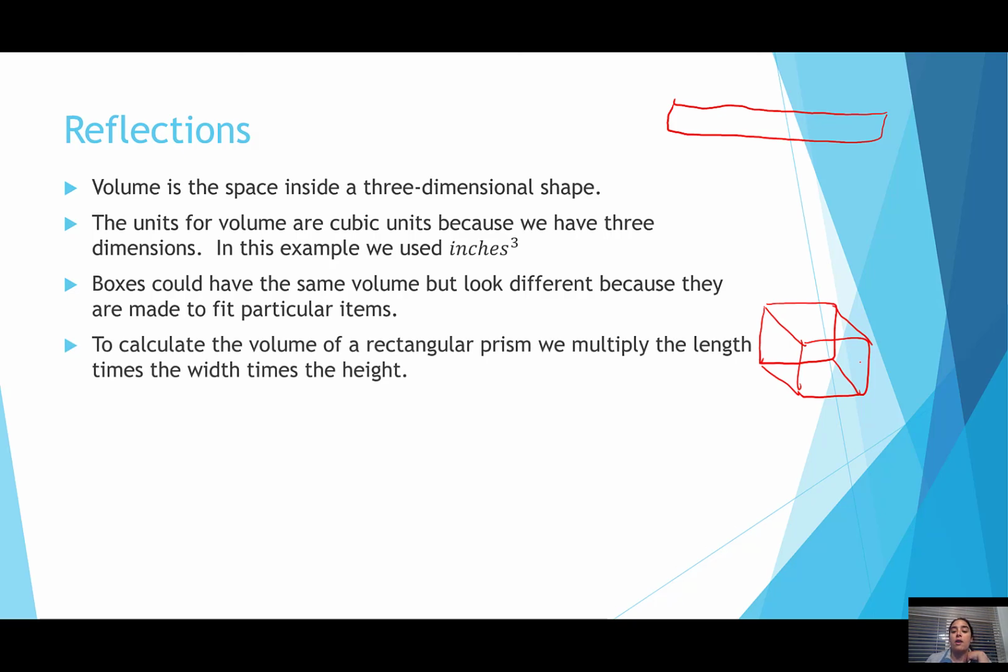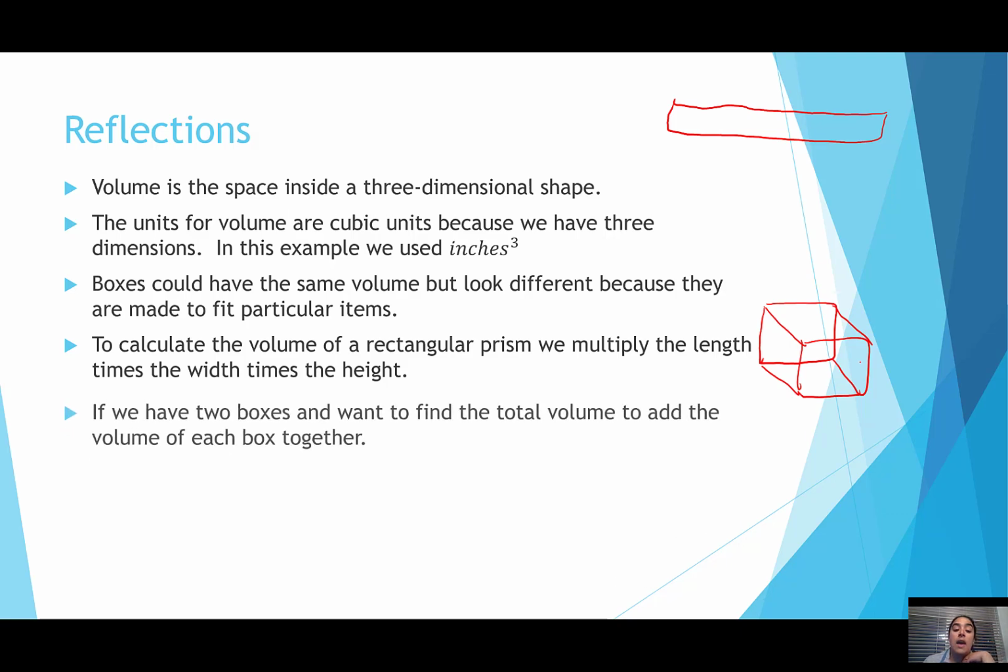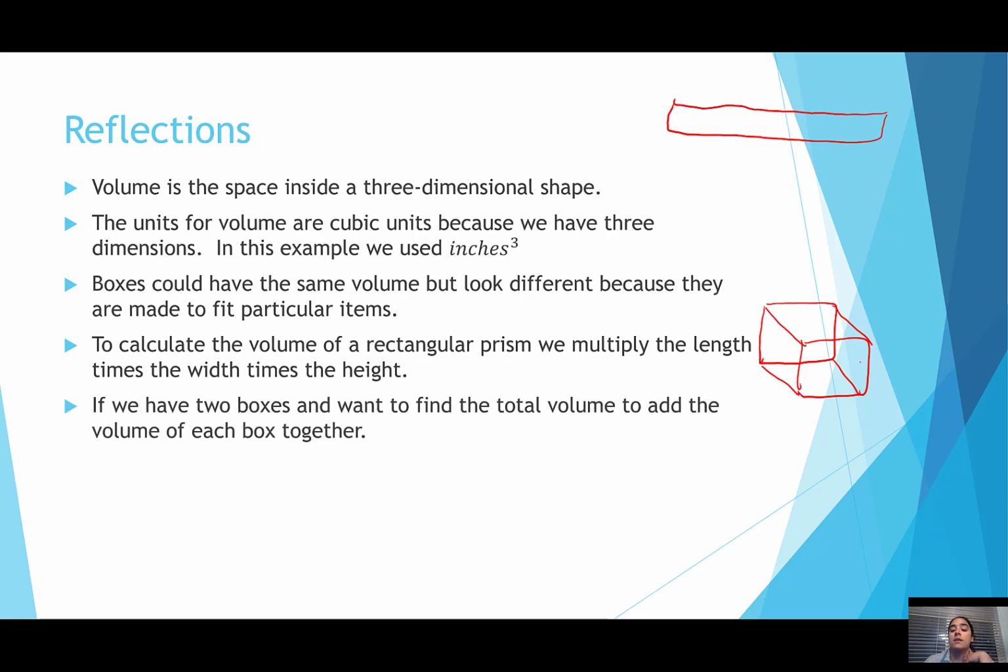To calculate the volume of a rectangular prism, we multiply the length times the width times the height. If you have 2 boxes and want to find the total volume, all you have to do is add the volume of each box together.